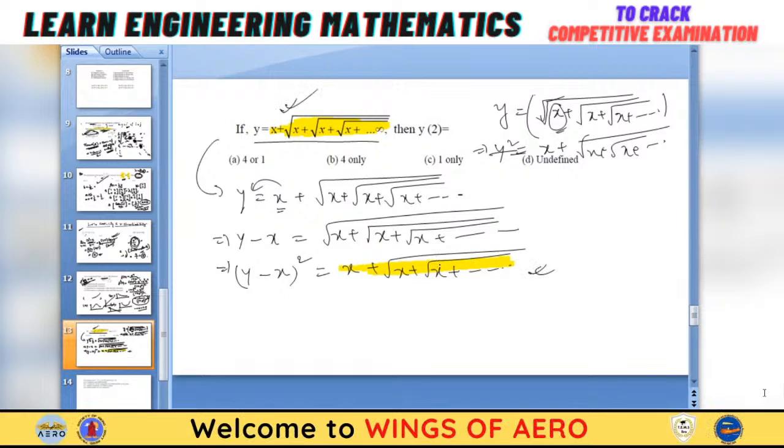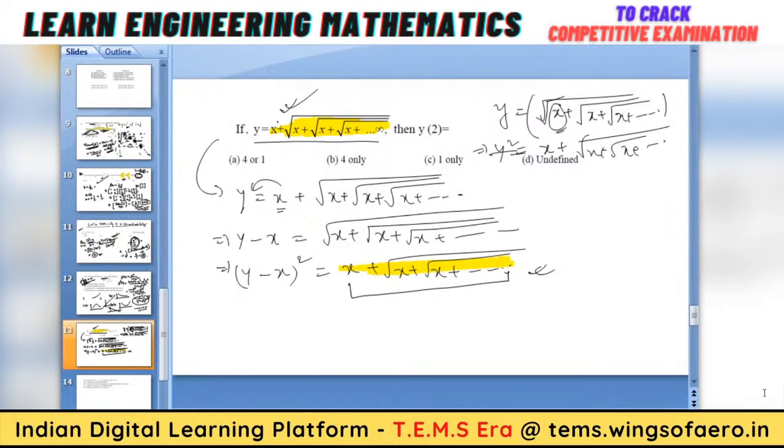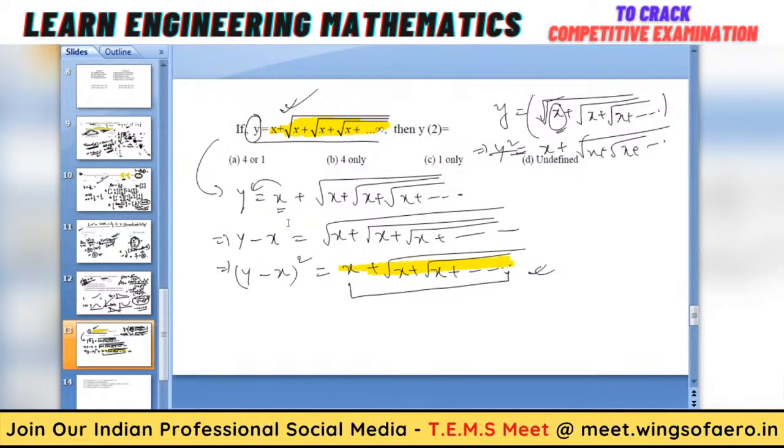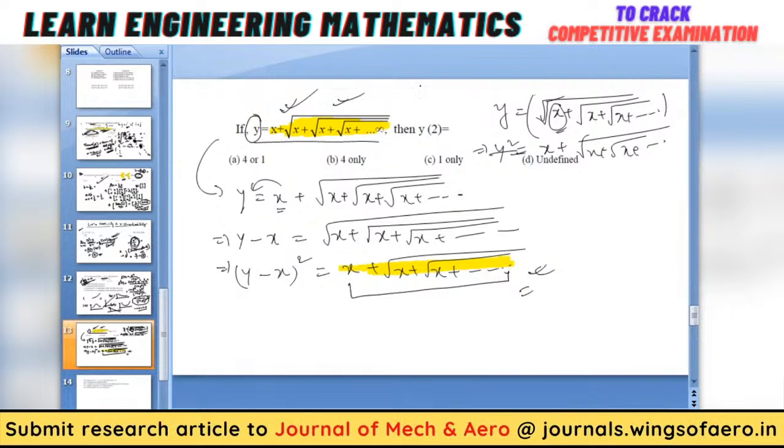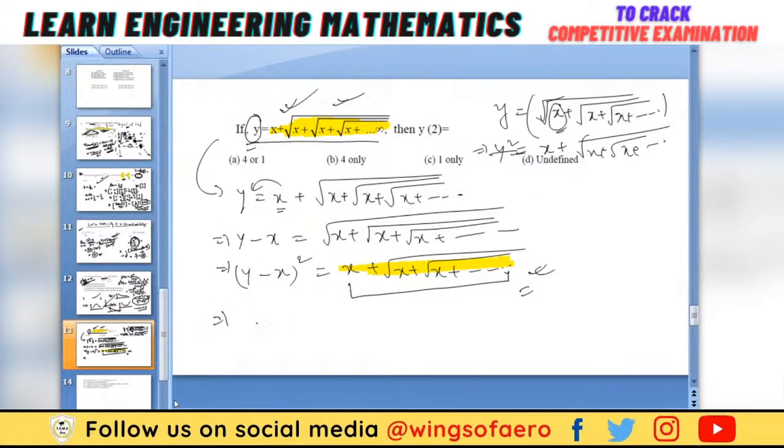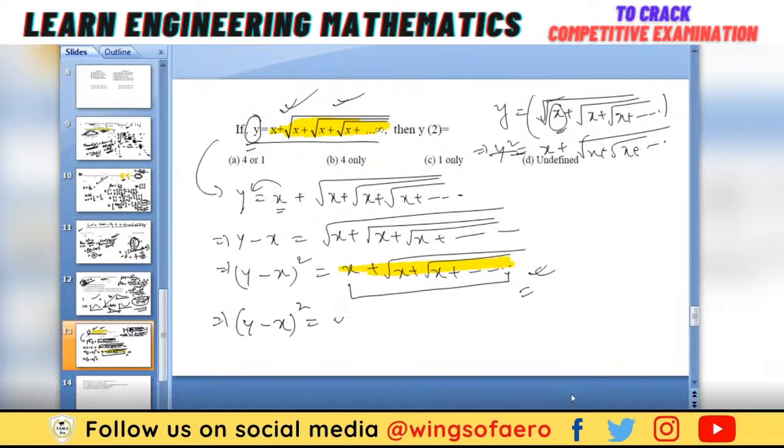Look at this, we are getting the similar term. So instead of this term, we can easily write y, isn't it? If I take the square, I am getting the term which is given in the question, and this term is equal to y. Just simply put y here. (y minus x) whole square is equal to y.